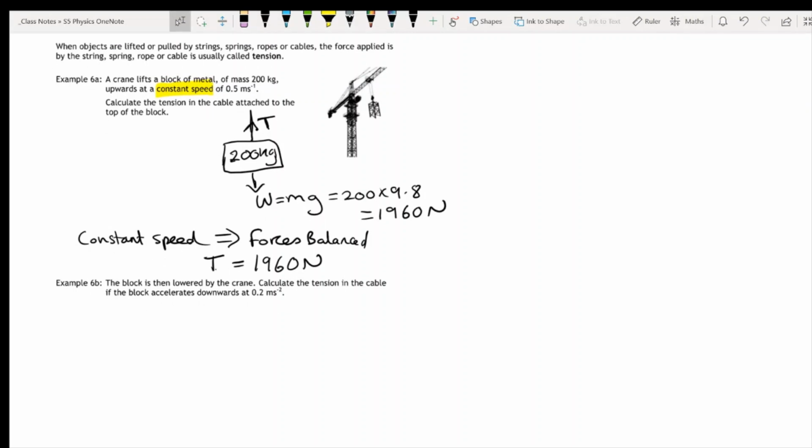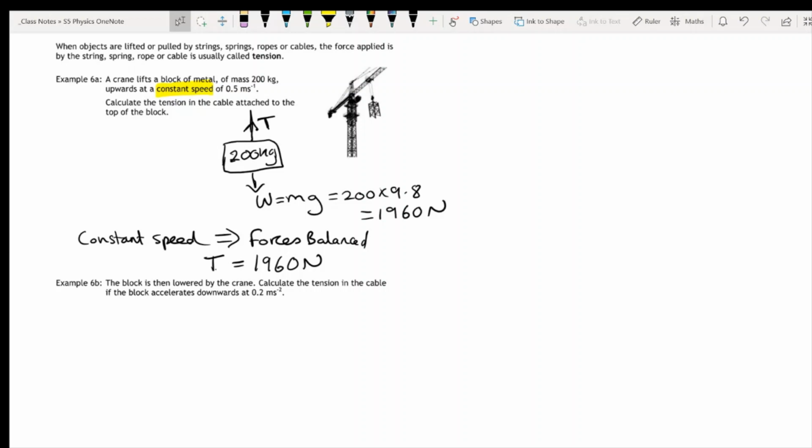If it doesn't talk about air resistance, we're assuming that it's negligible. It will be negligible in this situation. So the important thing to notice is the upwards force in this case is your tension, the rope.